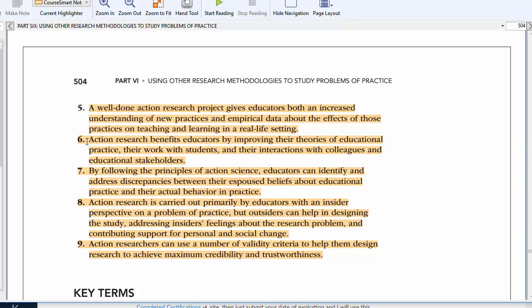Item 6, action research benefits educators by improving theories of educational practice, their work with students, and their interactions with colleagues and educational stakeholders. And this is really important, especially in CTE, where we rely a lot on stakeholders because of the funding. In education in general, for academic courses, nobody's really going to argue whether or not reading, writing, and arithmetic are important skills. That's pretty much been supported historically throughout our whole public education history.